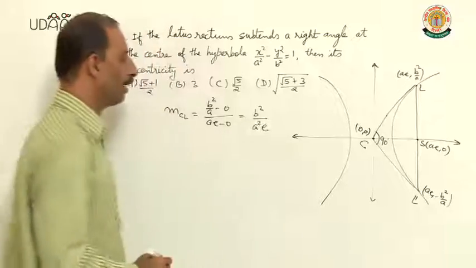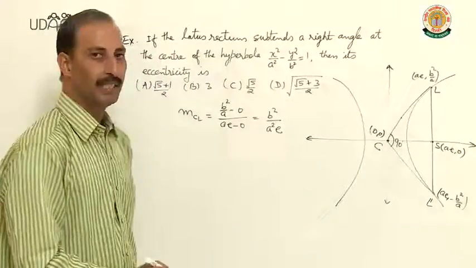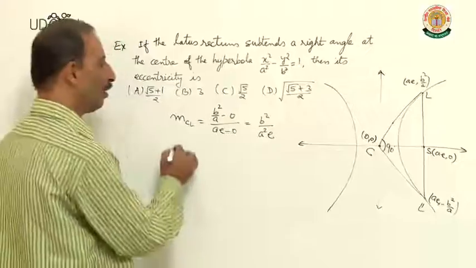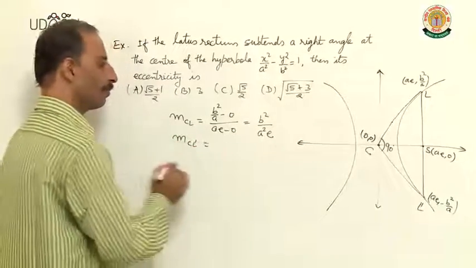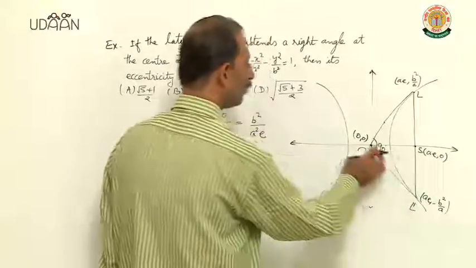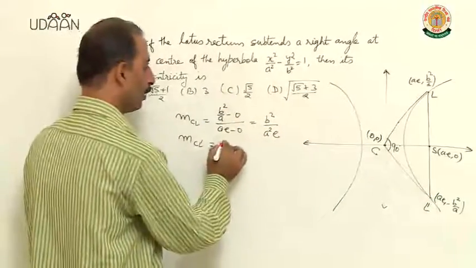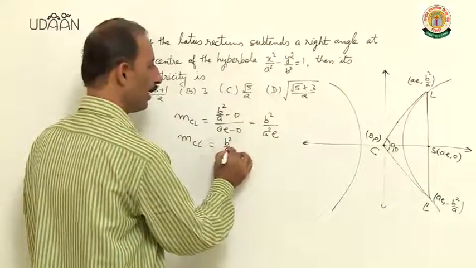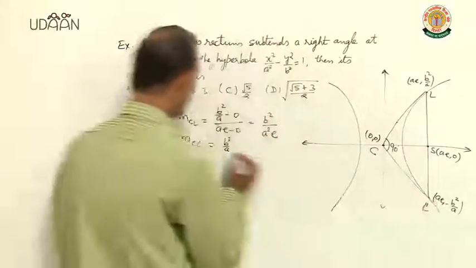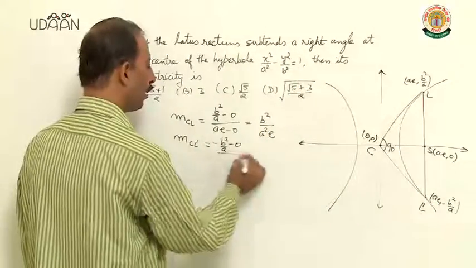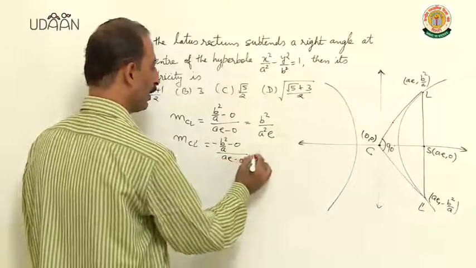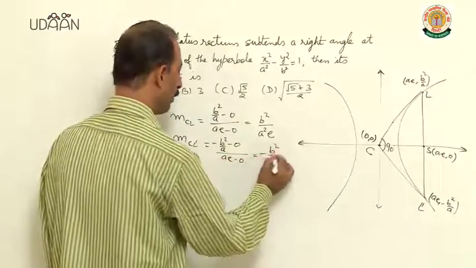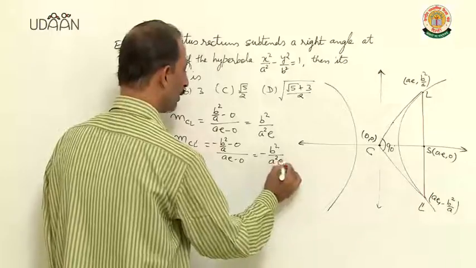This is the value of the slope of CL. Now what is the slope of CL dash? Again use the same formula. This value is minus b square upon a minus 0 upon ae minus 0. So it becomes minus b square upon a square e.